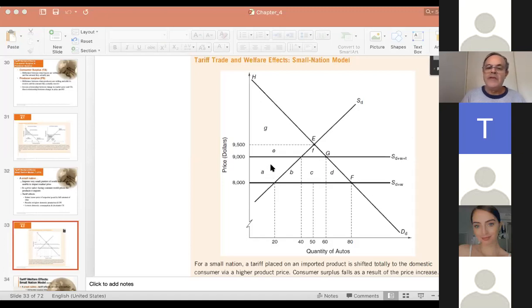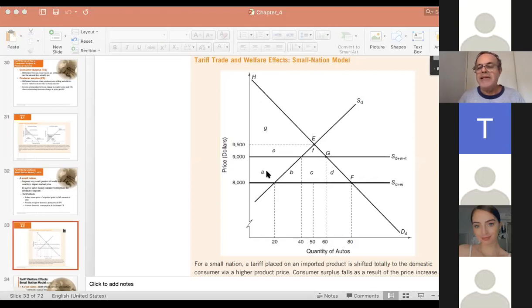Now, what does redistributive effect mean? It simply means that this part of the consumer surplus that will be lost by the consumer will be redistributed to producers. So consumers are going to be worse off by this amount A, and producers are going to be better off by this amount A.